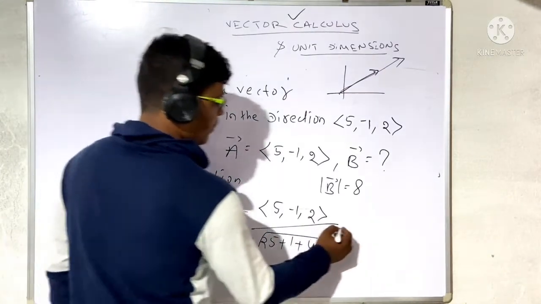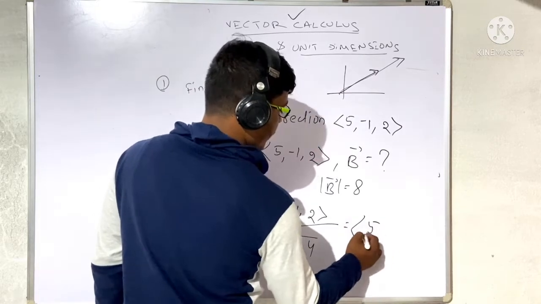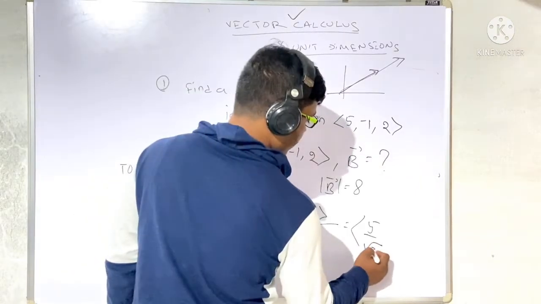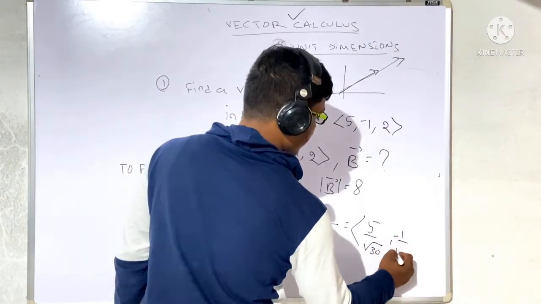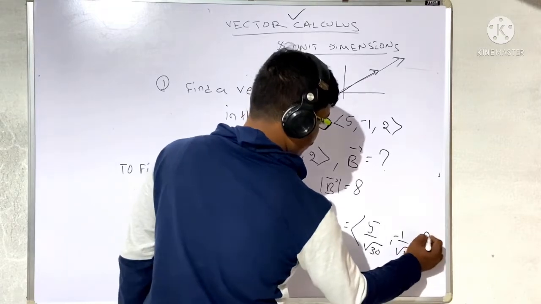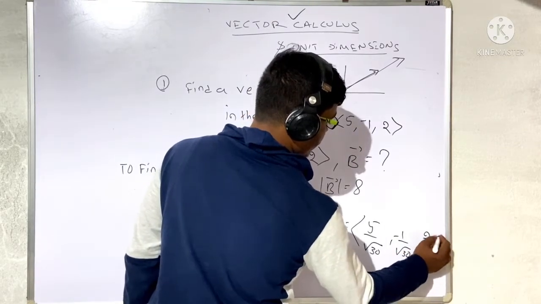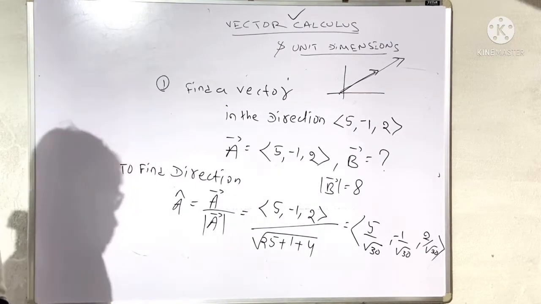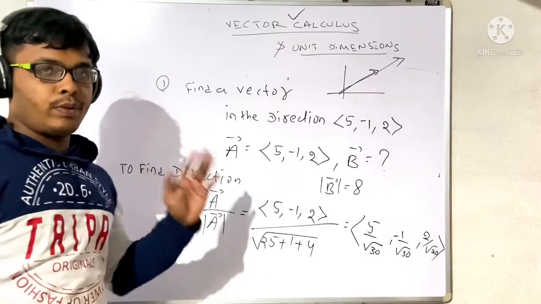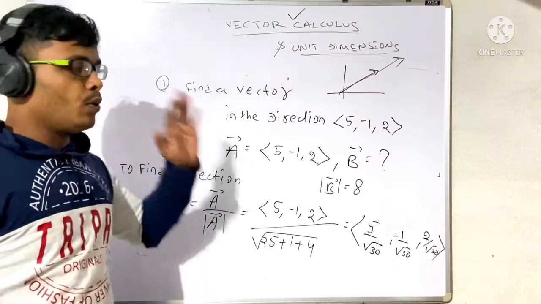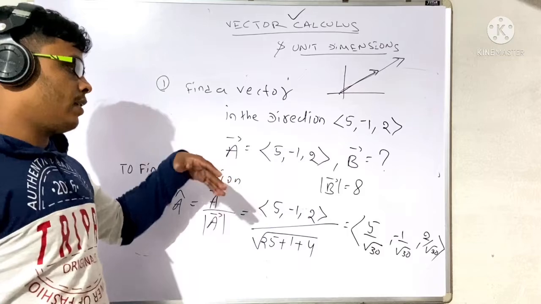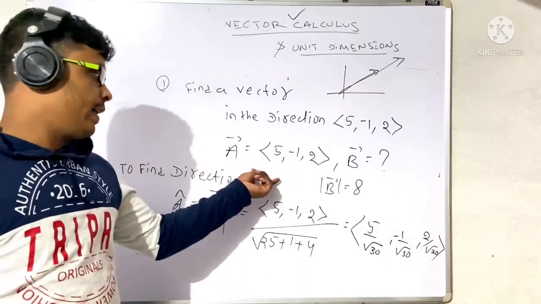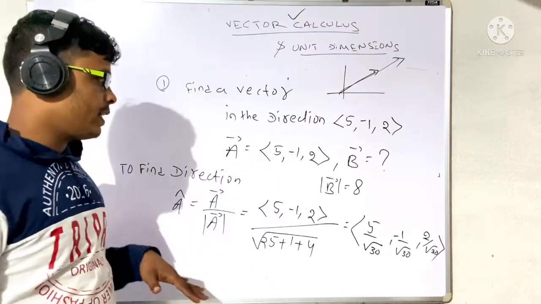So this is 5 by root 30, then minus 1 by root 30, then 2 by root 30, since 25 plus 1 plus 4 is 30. Please go to the previous lecture if you don't know why I am using this bracket, because it is an easy way to represent a vector.